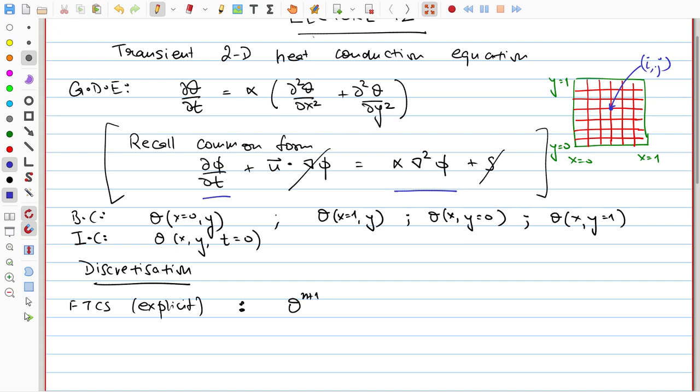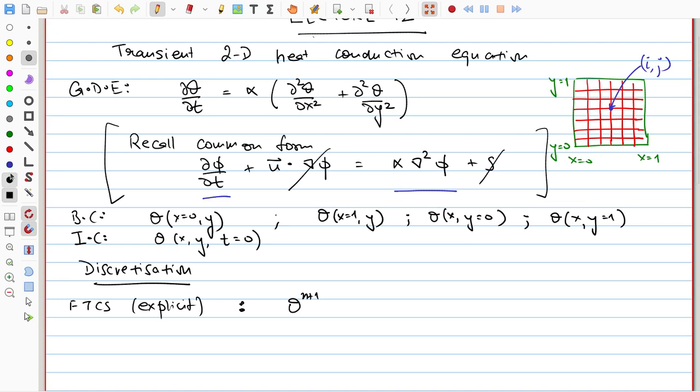Considering it's a homogeneous mesh for now, delta x is the same and delta y is the same throughout. So the x coordinate would be i times delta x and the y coordinate would be j times delta y. So we will use this indexing i comma j.